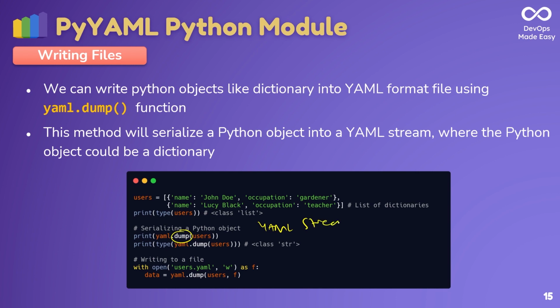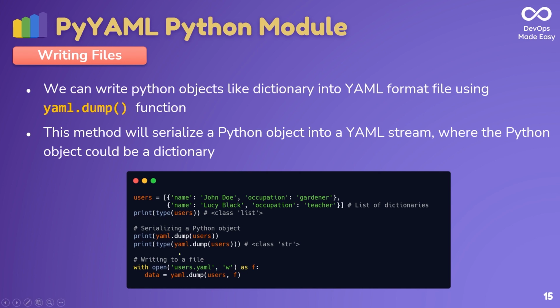And again, we all know that the data type of the YAML stream is a string, of type str. Once you serialize any Python object, it becomes a YAML stream of data type str. Then, once you have that object converted to YAML, you can use the with open function call to write that complete output of the YAML dump to a file. So here I'm writing that complete output to the users.yaml file.